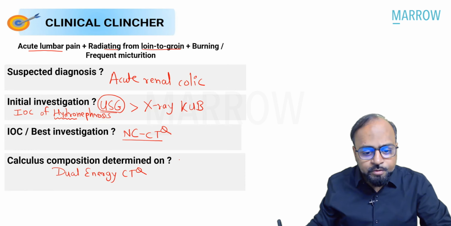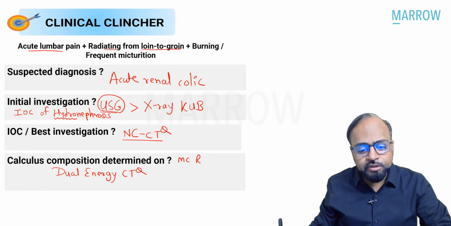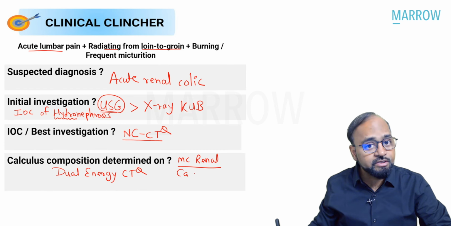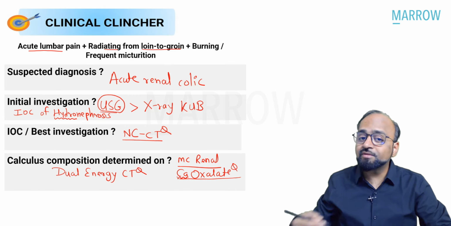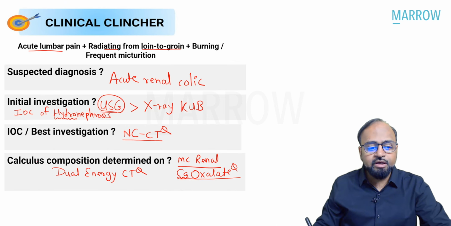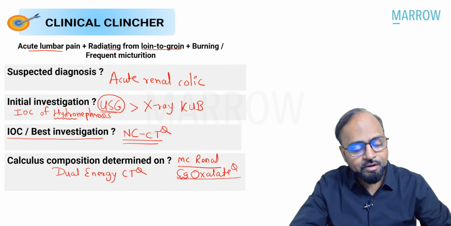Can you tell me what is the most common renal or ureteric calculus? Yes, it is a calcium oxalate calculus. Calcium is very well seen on CT scan, and therefore the investigation of choice or best investigation is CT scan.